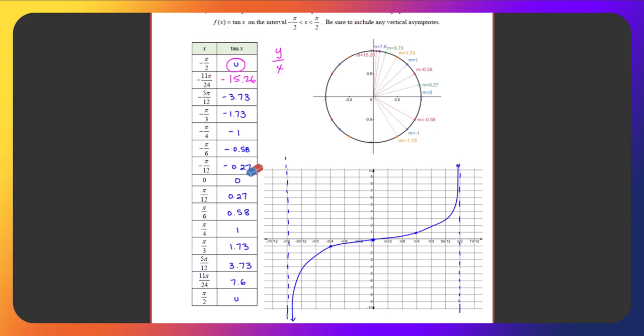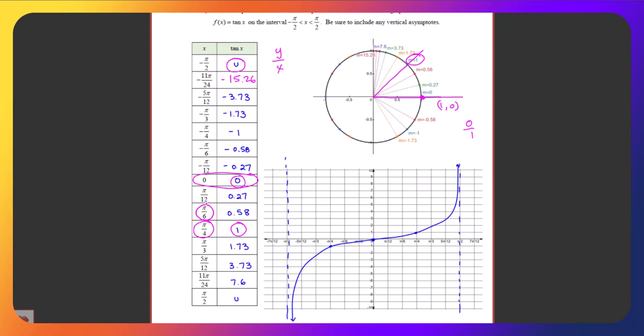Let's start here. If the angle is 0, we're here, and this is the point (1, 0). That's a fraction of 0 over 1, and that's 0. I'm going to jump for a second to pi over 4. That's 45 degrees and perfect, and that slope is 1.